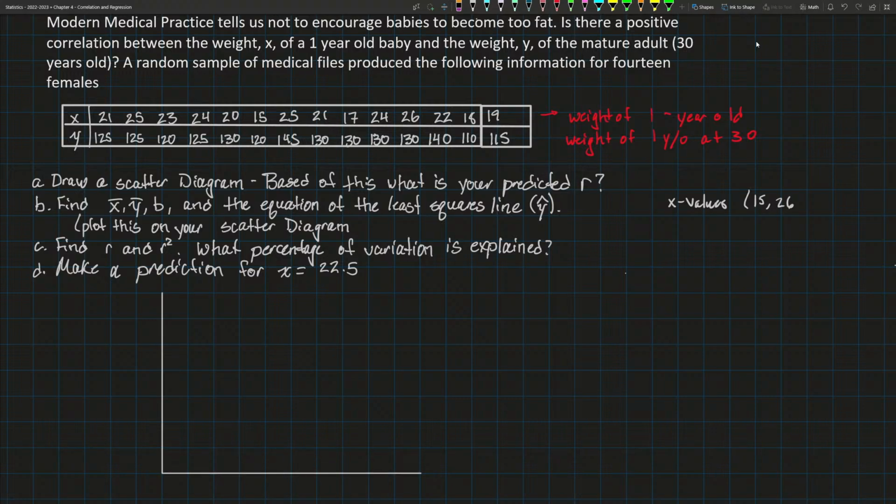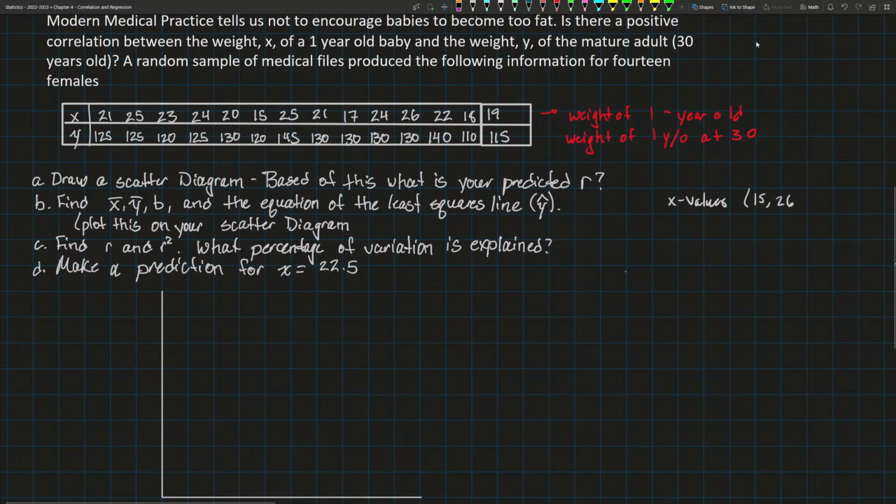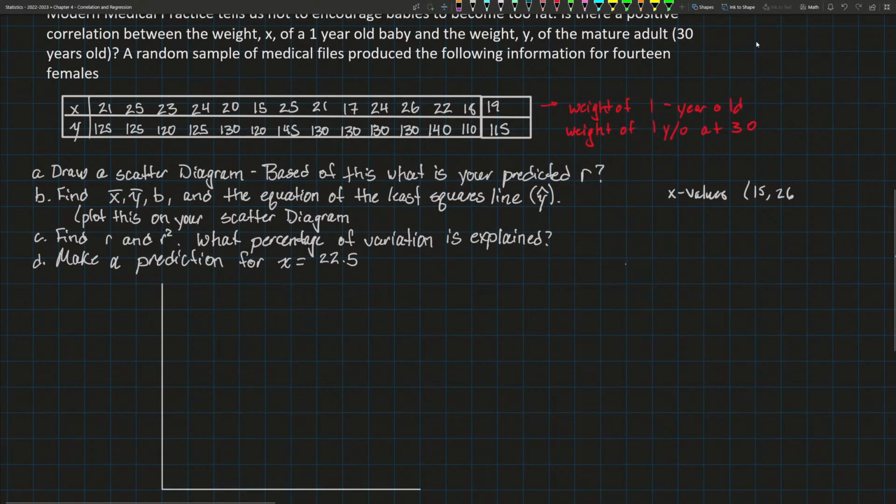So that's 9 wide, and then our Y values go from 115 to like 150. So that should be about right.